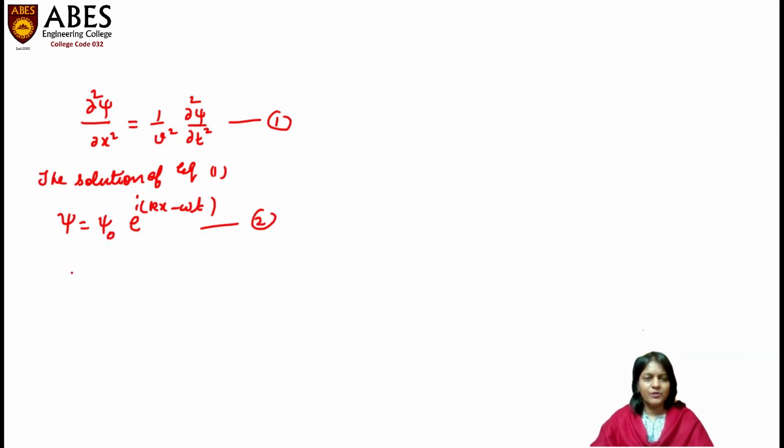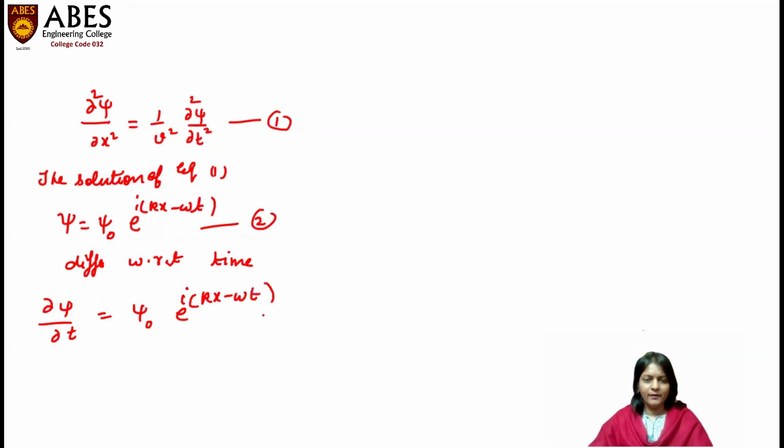Let us differentiate equation 2 twice with respect to time. It becomes del psi over del t is equal to psi naught e raised to the power i(kx minus omega t), times minus i omega.